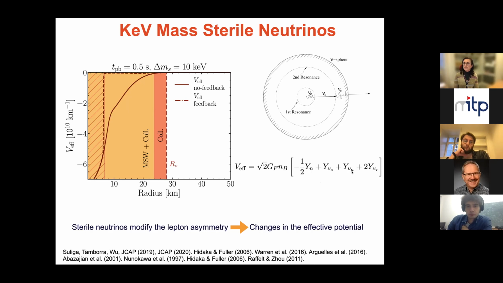And so this means that as a function of time, we need to take into account that there is a potential felt by neutrinos that is changing because the conditions of the star are changing, but also because the lepton asymmetry is actually changing because of flavor mixing.